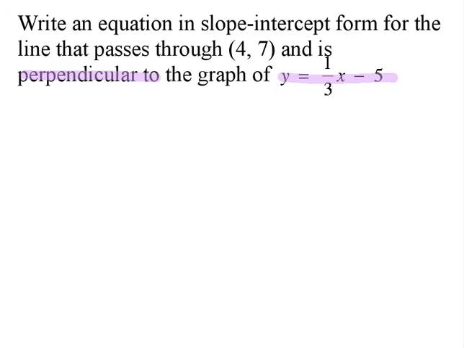So what is the slope of that line that I just highlighted? 1/3. So if it's perpendicular, it's going to be the negative reciprocal of that. Okay, so what is the negative reciprocal of 1/3? -3/1, but let's simplify that because we know that anything divided by 1 is just the number itself.